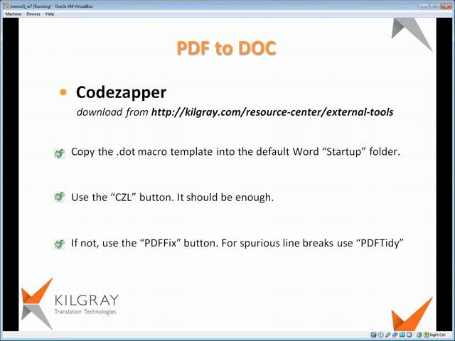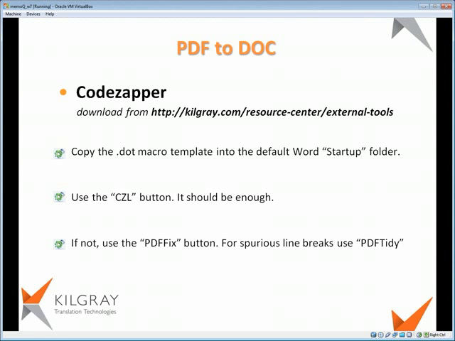But basically what you have to do is copy that .dot template that you will download into your Word startup folder. And then once you start Word, you will see that you have a new toolbar, and that's the CZL button that we'll use. That's the light Code Zapper, which does some minimal tweaking, but that minimal is usually plenty enough to remove most tags out of your PDF files.